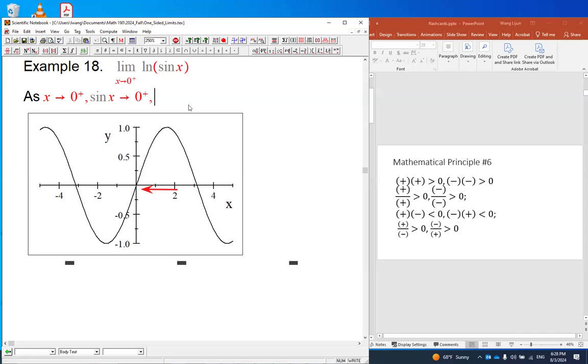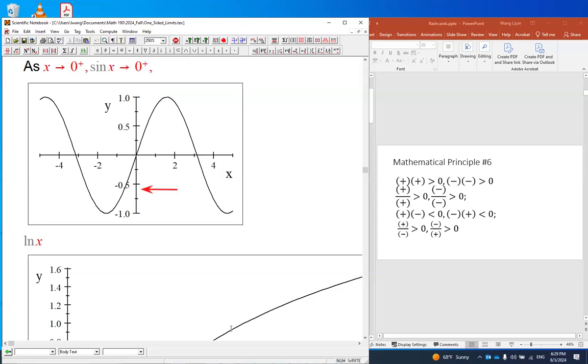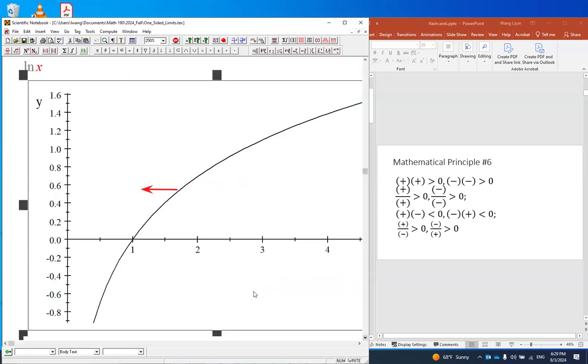Now, sine x is approaching 0 from larger. ln x, we need some familiarity with ln x. ln x is a curve like this. We should be pretty familiar with ln x. So when we combine these two functions, the basic graph, then we will have some idea.